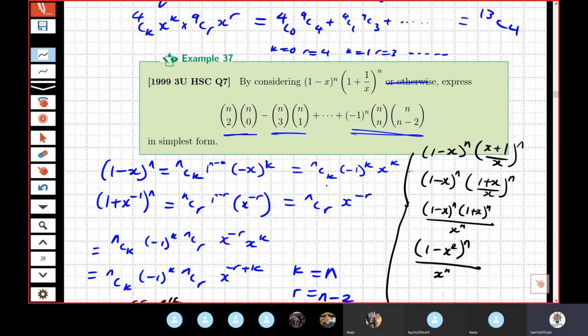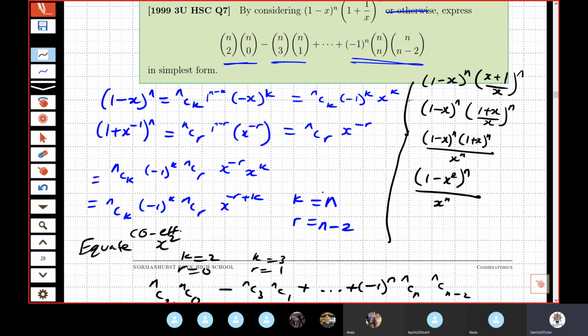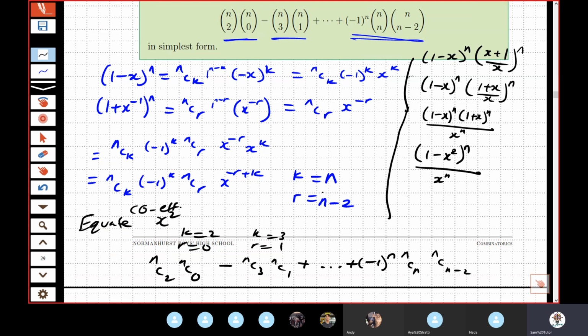By considering this, express this in its simplest form. So I expanded, I multiplied, I found k, I found the coefficients of x squared, n choose 2, n choose 0, n choose 3, n choose 1.